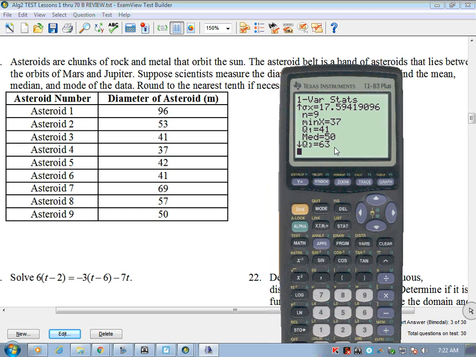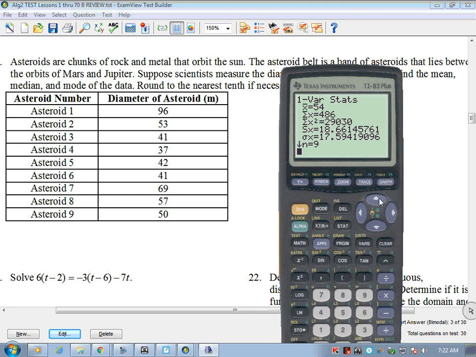Median is 50. And for mode, you could probably just find it. You should see that it's going to be 41. Actually, Q1 there shows up as 41. That's my mode, 41. I don't think anything else ever repeats.